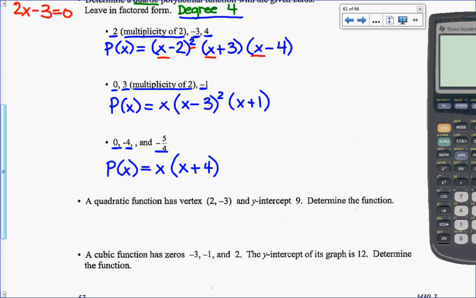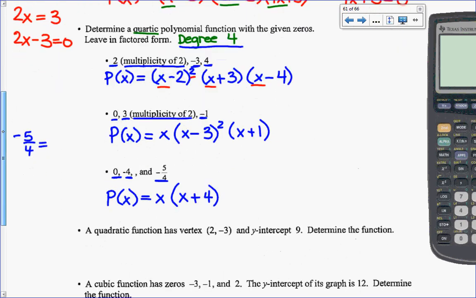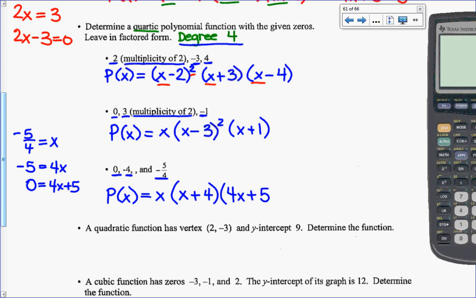So let's see, negative 5/4 is my x. So I'm going to multiply both sides by 4. So I'll have negative 5 equals 4x. Then I'm going to add 5 to both sides. So I've got 4x plus 5. Okay, 4x plus 5. Okay, I think I'm done.